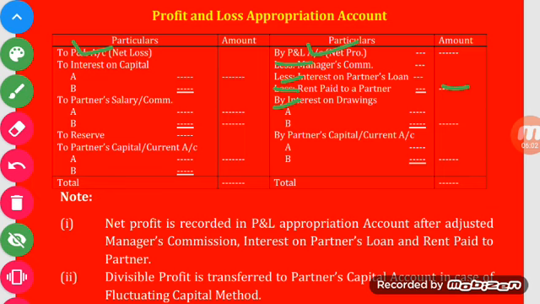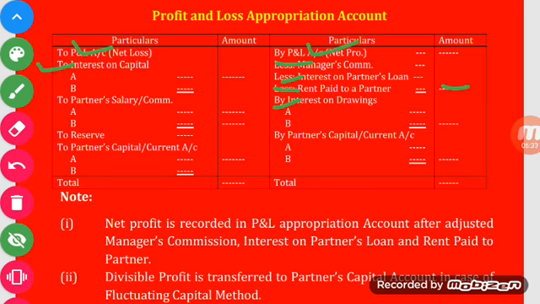Is it clear? On the debit side, interest on capital. Interest on capital is an expense of the firm. That's why it will be recorded on the debit side of the profit and loss appropriation account. How to calculate interest on capital in different situations, we have already discussed in the last video.